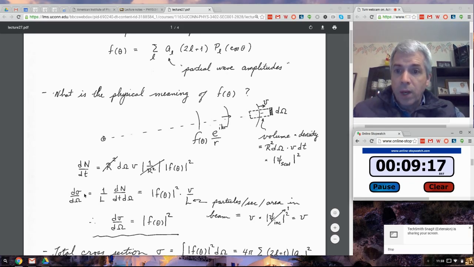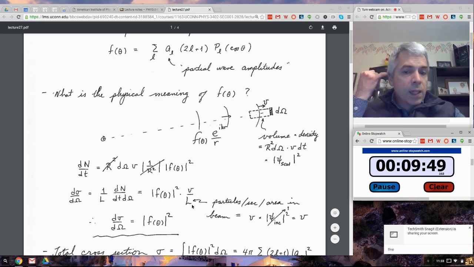And if we divide both sides by this solid angle differential, then the expression becomes particularly simple to express in terms of the geometric quantities above, because the d omega will cancel with the one on the bottom, and we end up only with f of theta squared v over L. V being here, and the L being in the definition that relates a count rate to a cross-section.